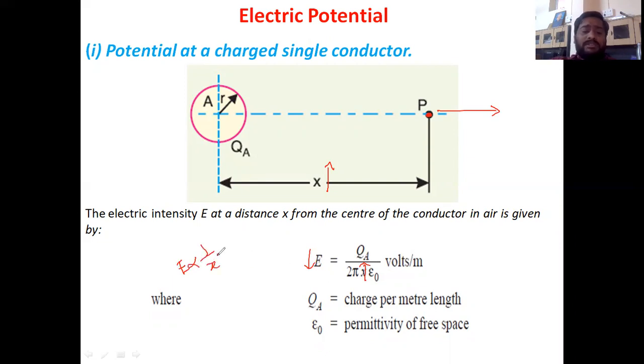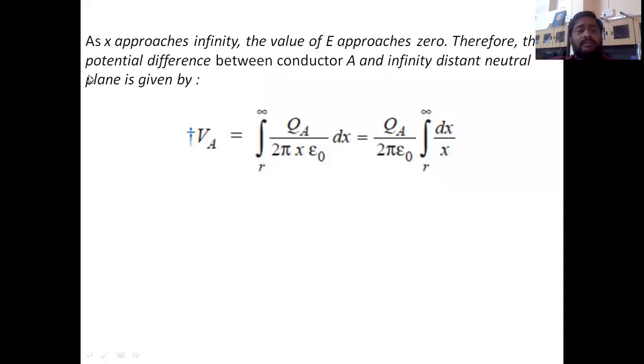That's why, as the distance increases, the electric intensity also decreases. Now, as x approaches infinity, the value of E becomes 0.